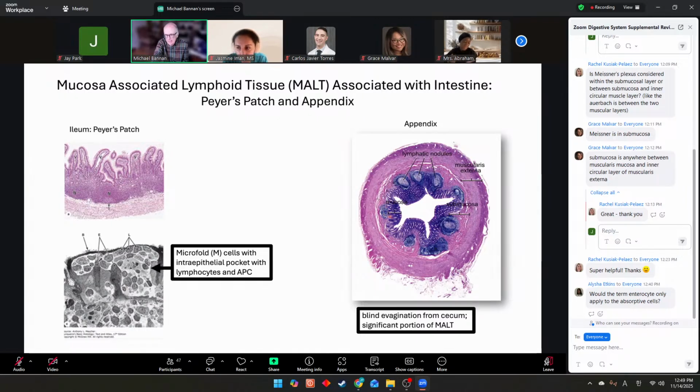And it has a mucosa, which also contains lymphoid tissue as well. You'll notice that the mucosa actually has a flat surface, so it does not have intestinal villi like we see in the small intestine. Okay, it does not have intestinal villi. All right.